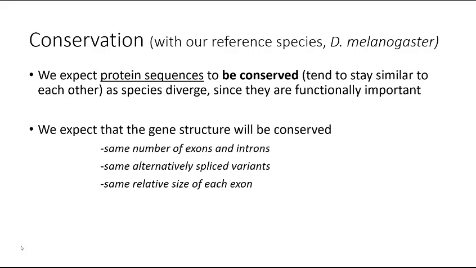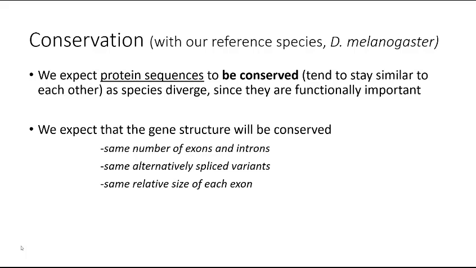We also expect that if there are alternatively spliced variants, so different mixing and matching of different exons in alternative isoforms, that those will also be conserved between closely related species. We also expect the overall size of exons to be maintained.